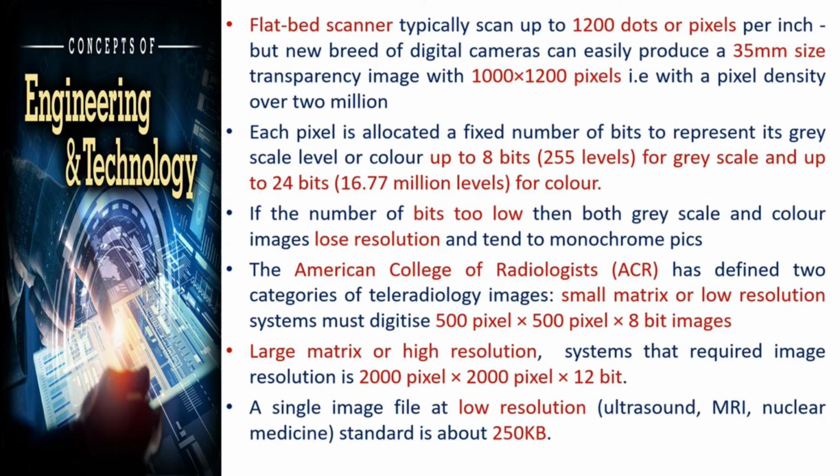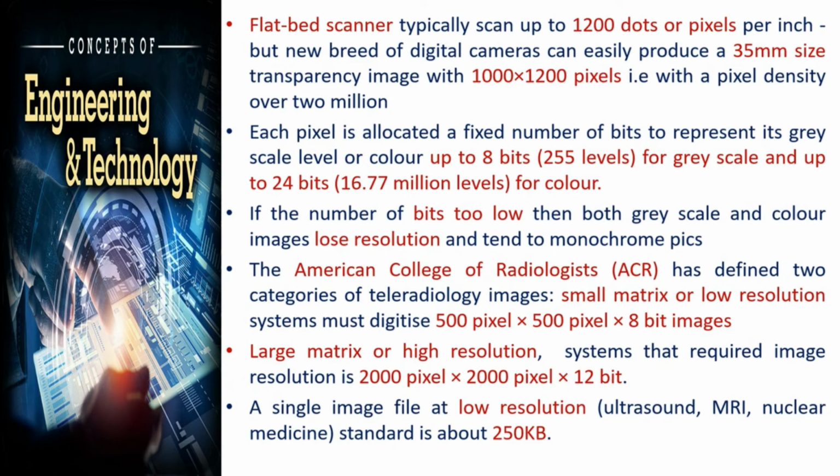When you want to get very good images, each pixel will have a fixed number, which is going to give the kind of gray level. The gray level scales are RGB color. We can have up to 8 bits, which is nothing but 255 levels, for the grayscale.